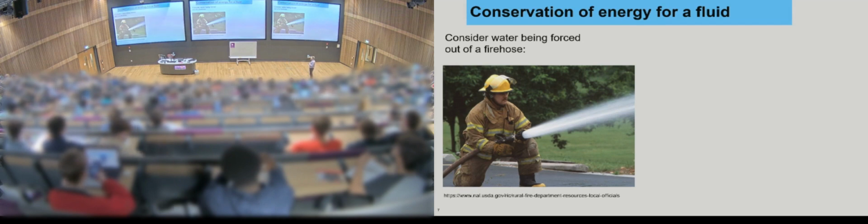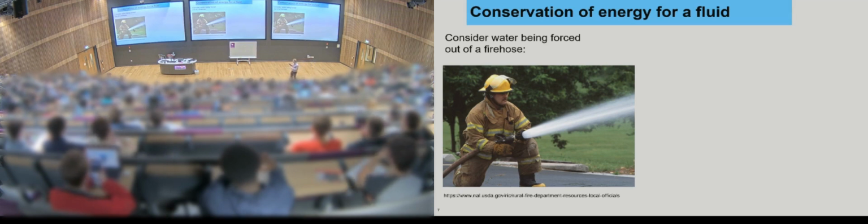Let's just consider the water being forced out of this fire hose by this firefighter. One of the things you'll notice is that this firefighter is stationary. He's absolutely static, but the water is coming out of that hose at a very, very high velocity.